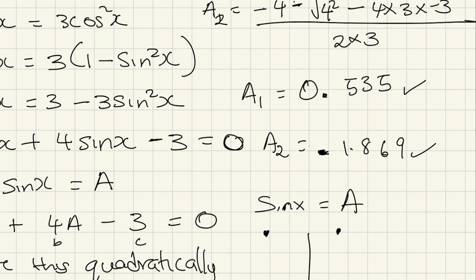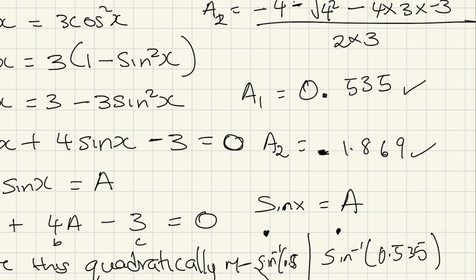Let's calculate this. For this one, maybe sine inverse of 0.535, and on the side is going to be pi, because essentially we're trying to find this angle. This is in the second quadrant, so it's going to be pi minus sine inverse of 0.535.